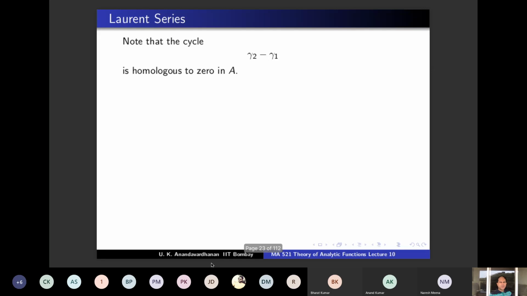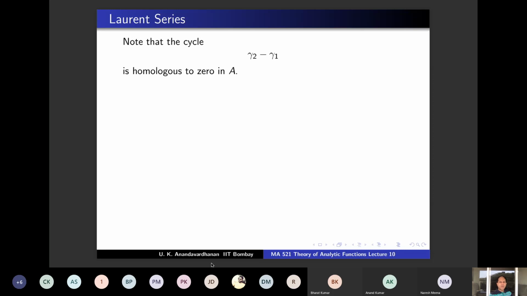Notice that both gamma 2 and gamma 1 are homologous, right? If something is outside the outer circle, of course, the index is 0 for both of those. And if something is inside the inner circle, then the index is 1 for both of those. So they are homologous.